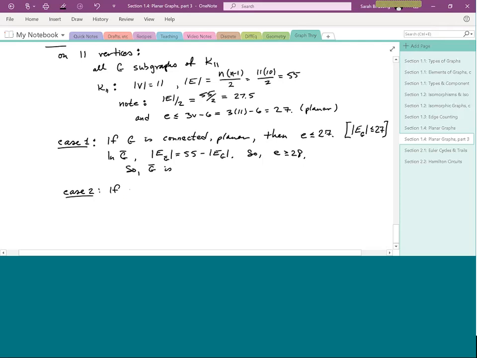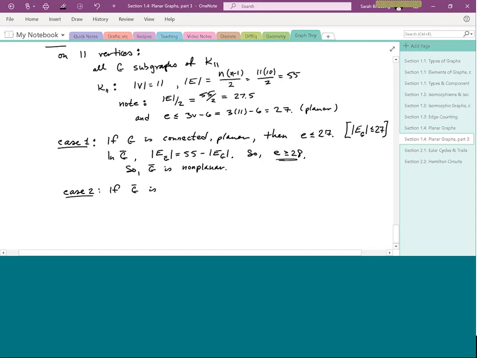Yep, so this guy here would be non-planar, and it would be non-planar because the number of edges right there is bigger than that 27 that we said we needed in order to be planar, or 27 or smaller to be planar. Now, you can do the exact same thing with case 2. Case 2, suppose you say the complement graph is connected and planar.